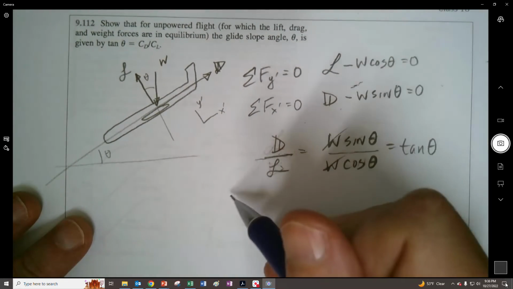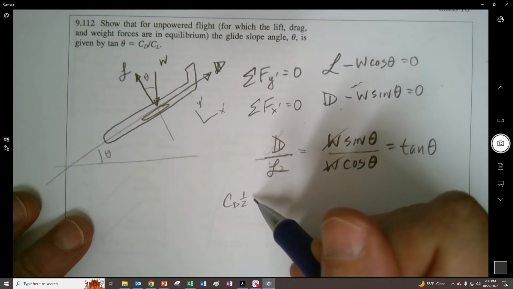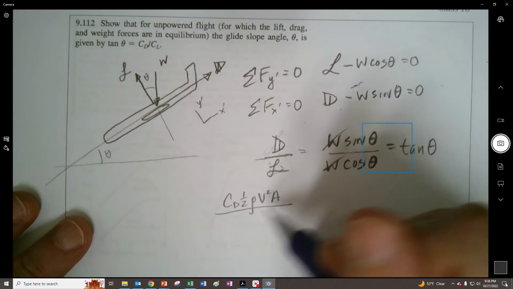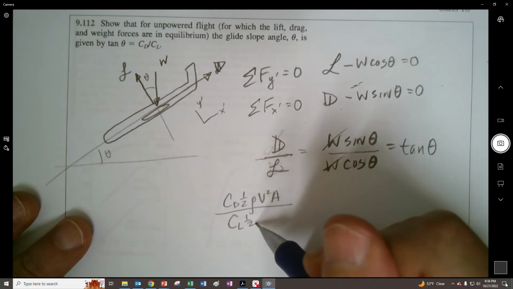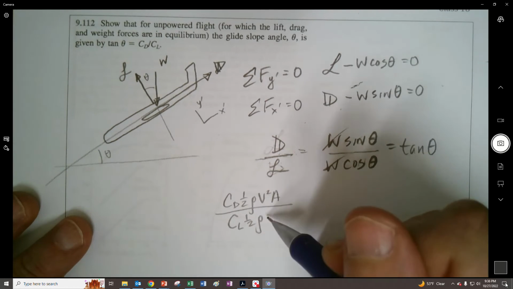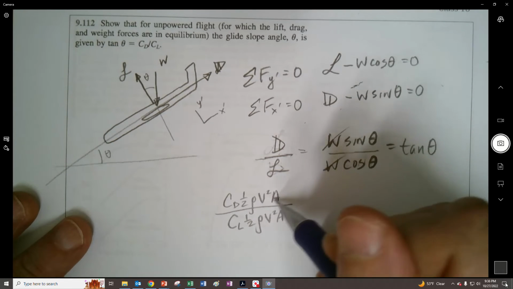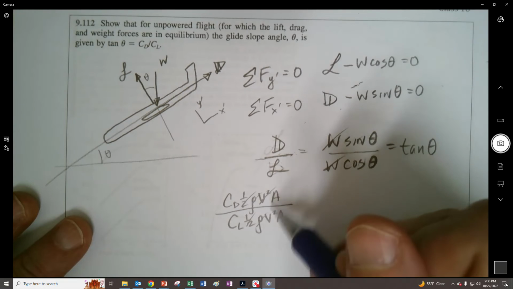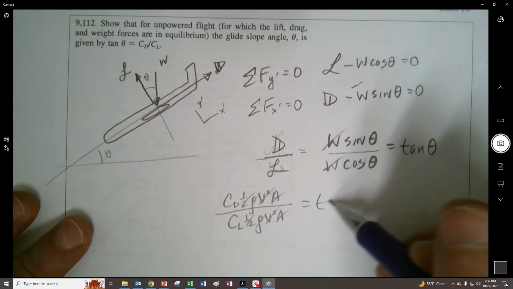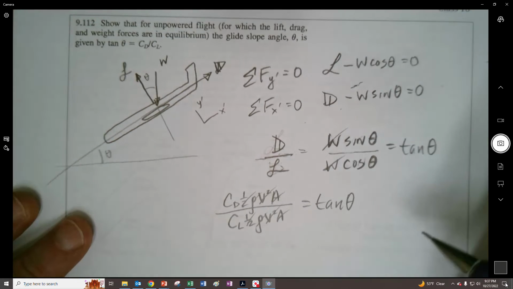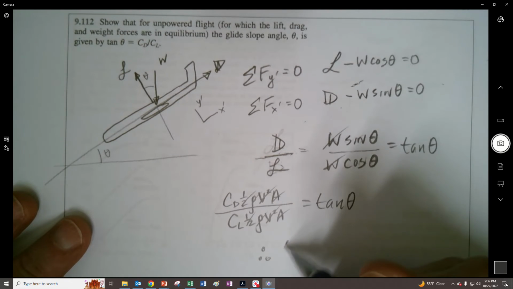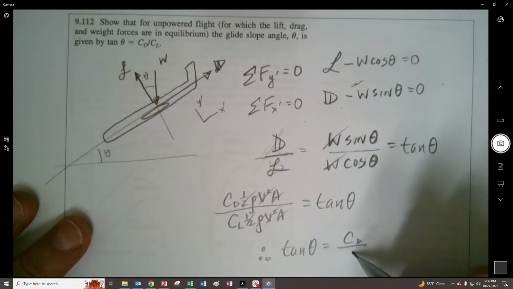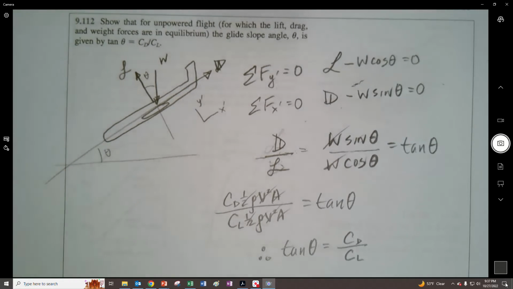So this guy on top is the drag, 1/2 rho v squared A over C_L, lift coefficient, rho v squared A. And like I said before, those A's must be the same thing, because we're going to have all these cancel out and equal to the tangent of theta. And therefore, we could say that the tangent of theta is going to be equal to the ratio of the drag coefficient to the lift coefficient.